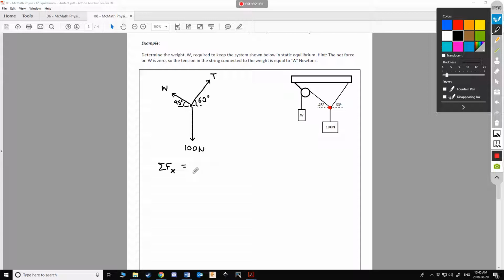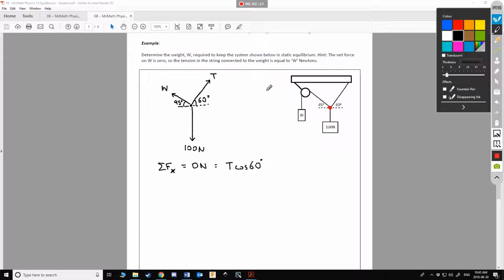Sum of the force in the x direction, we have 0 newtons is equal to, so we're going to look at our picture, let's look at this T force first. We need to find out what is the horizontal component of T. That is just going to be T cos 60 degrees.